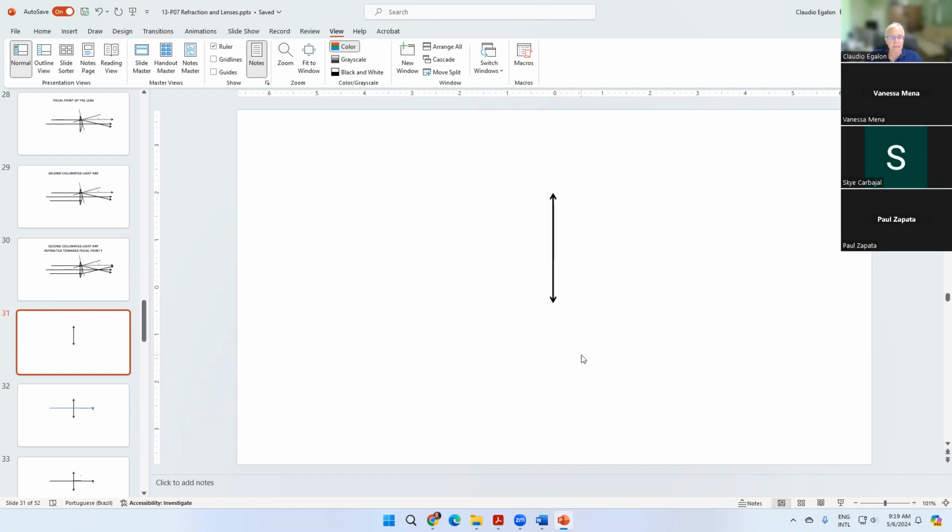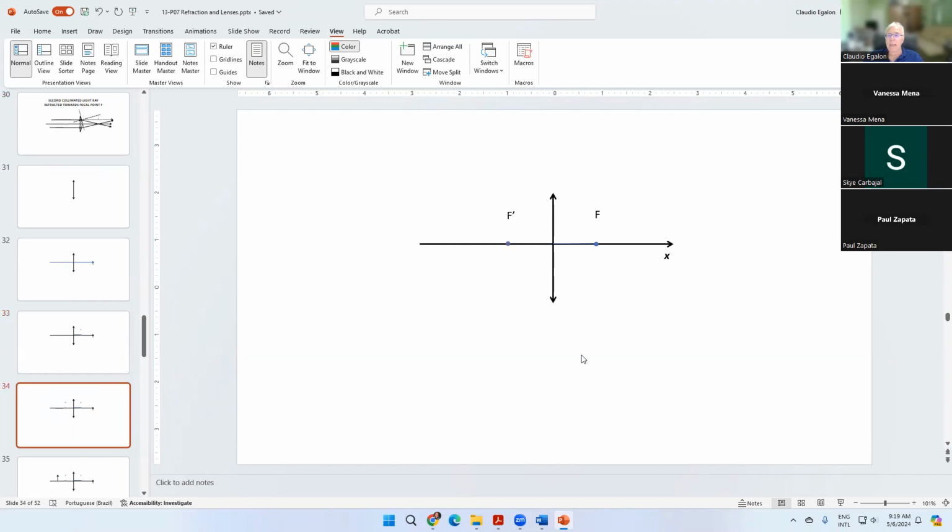And then we repeat exactly what we did for the other type of lens that you saw, right? Here you go. Positive lens, principal axis of the lens, focal point, and then we have this F prime focal point. Let's say the image of the focal point. We are going to need this second one. That's something that you don't have in mirrors, right?